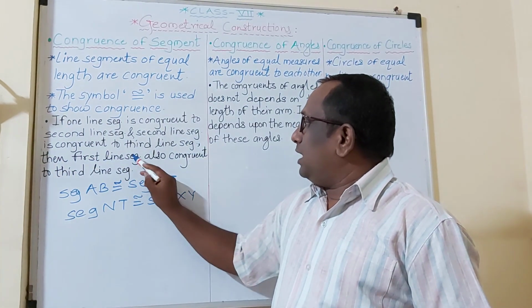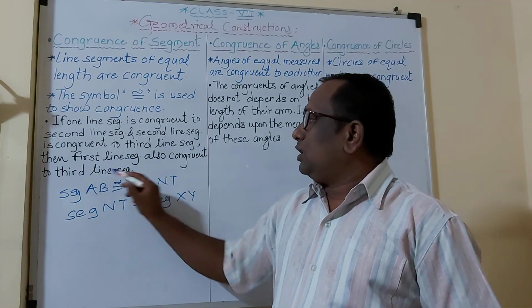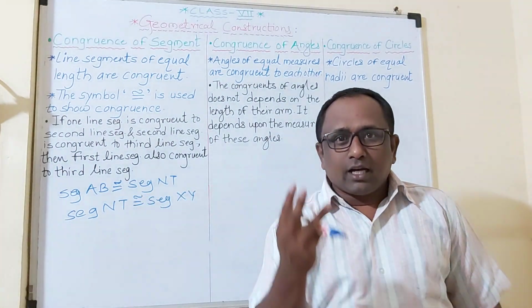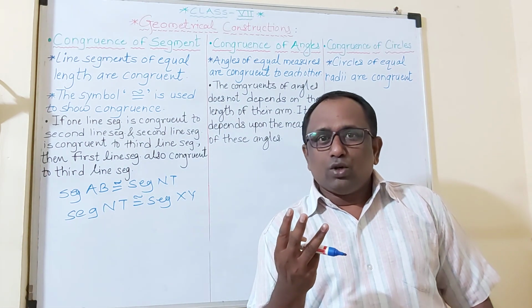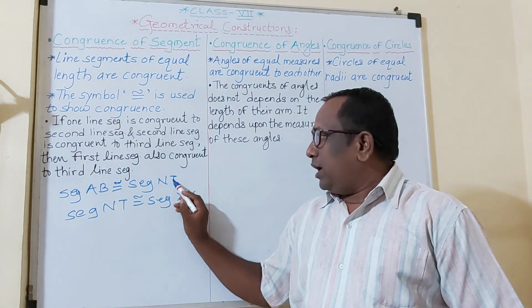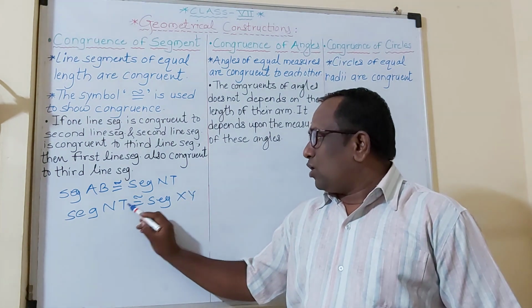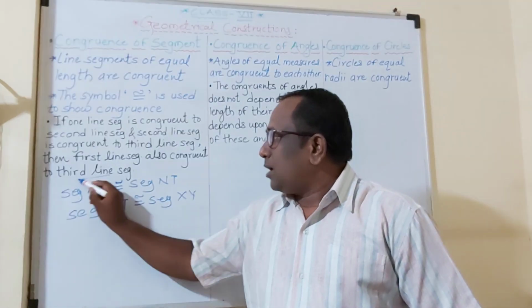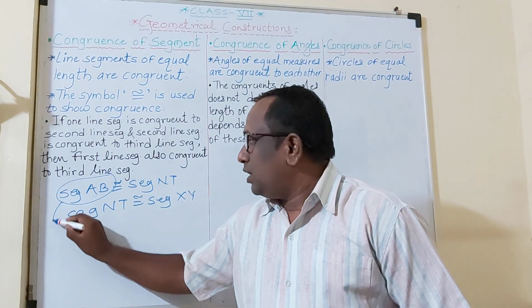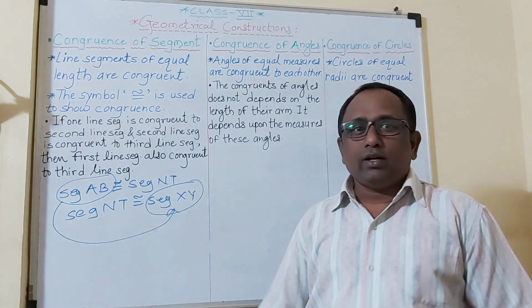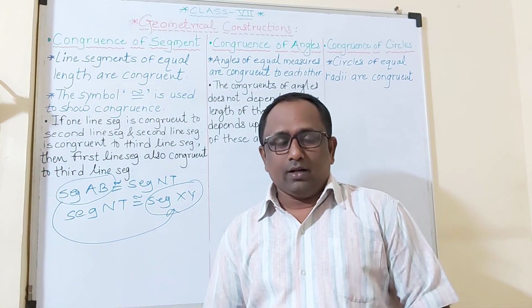Simple. Three line segments are congruent to each other. First, segment AB is congruent to NT. Now NT is congruent to segment XY. So automatically segment AB is also congruent to segment XY, that is the third line segment.